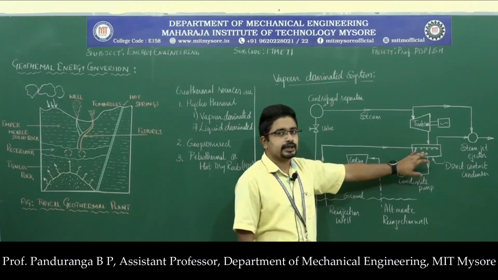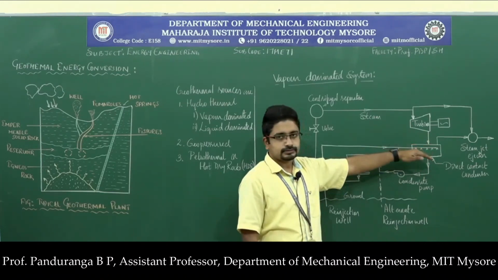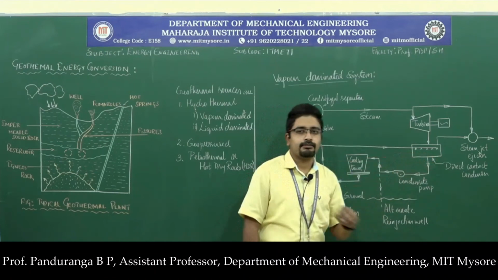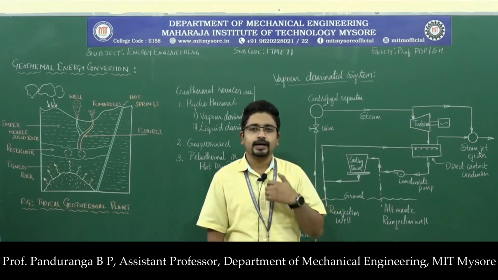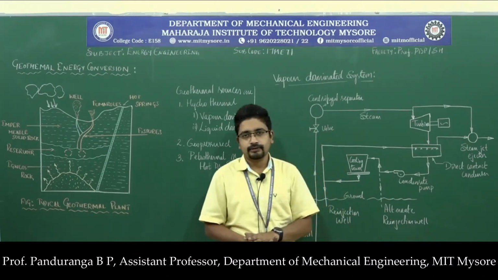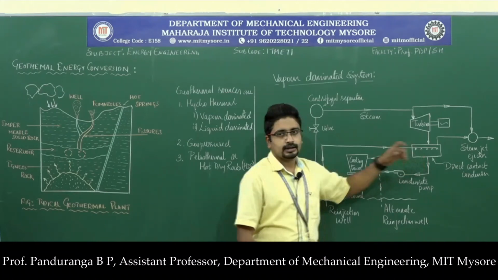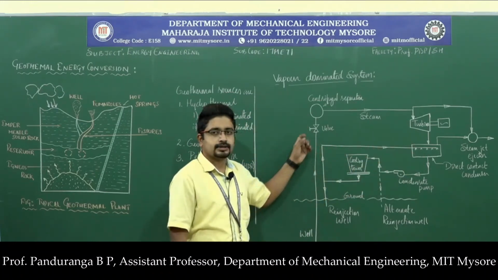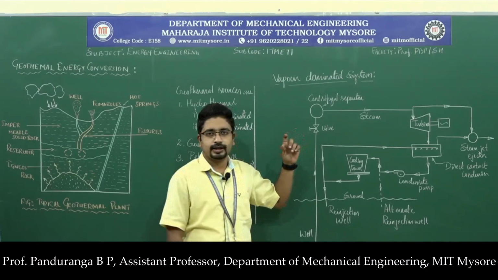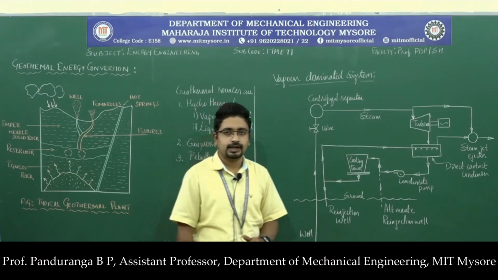What happens here is we need to maintain a low pressure, and we can maintain it by converting the vapor at the end of the turbine into liquid water. The steam here is not the steam produced in a boiler, it is the steam coming out of the well or the geothermal source.